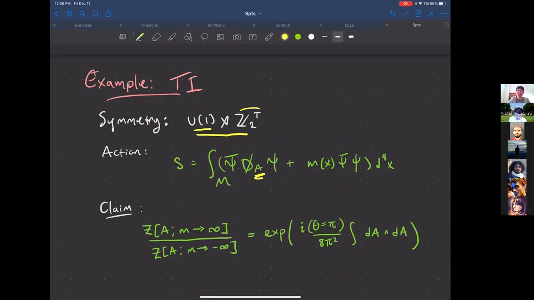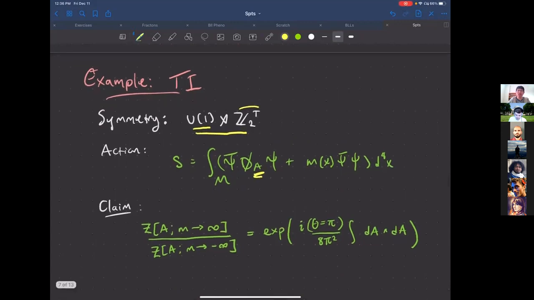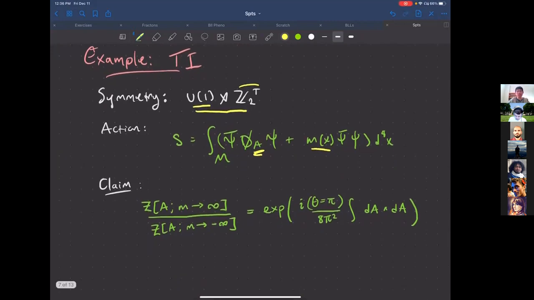Now the claim is that even when I make this mass very, very large, so that the fermions are totally gone, there's this kind of magical statement that the partition function is still non-trivial, even when the mass goes to infinity. Now, more precisely, since we're working with Dirac fermions, this mass does not have to be positive.